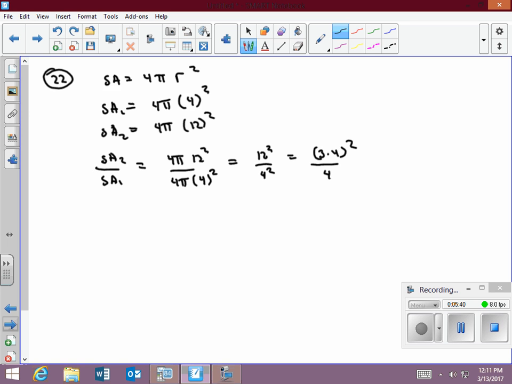Over 4 squared. So the 4 squareds would cancel and you'd have 3 squared, which is 9. The surface area of one is 9 times as great as the other. So that's how they compare.